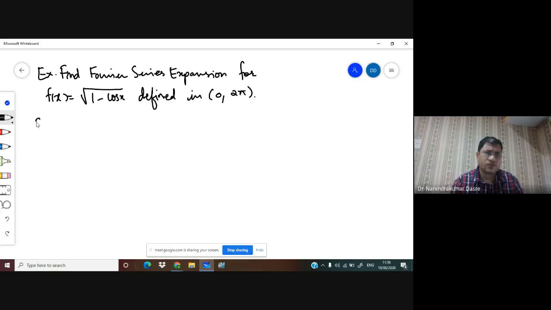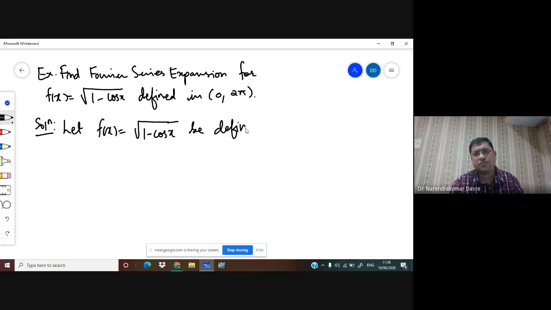So the solution. Let f of x be equal to root of 1 minus cos x, defined in 0 to 2 pi, and hence we have 2L is equal to 2 pi.